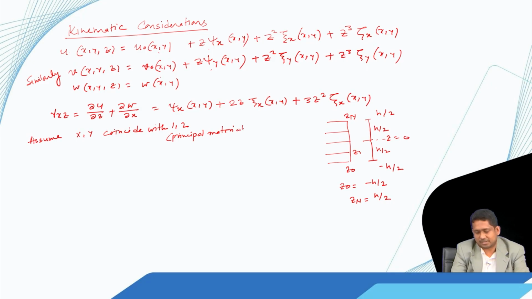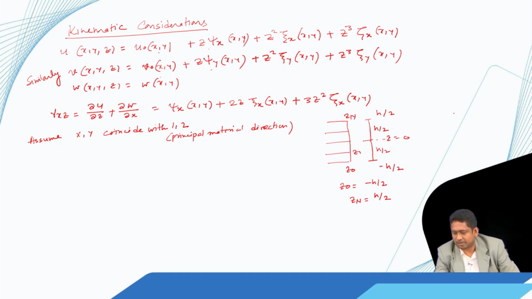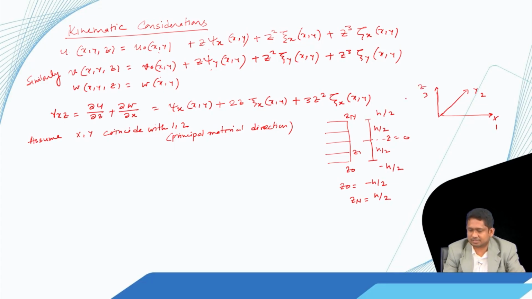That means fibers are along 1, and the direction perpendicular to it in the plane is 2. So, x coincides with 1, y coincides with 2, and accordingly z always coincides with the third direction, 3.